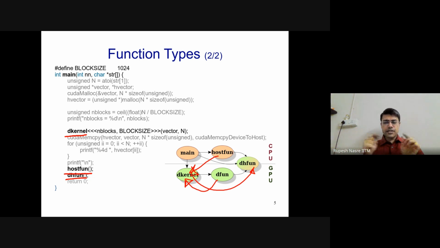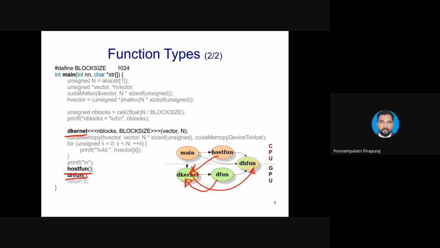Now each of these threads is calling their own dfuns. In a similar manner, each of these threads can call DH1. So DH1 is not parallel by itself. It depends upon the caller. If the caller is CPU, it's sequential. If the caller is a kernel, then it is going to be parallel. I mean, those many copies of DH1 will be run. Is that reasonable, Puraj? Yes, it's okay.